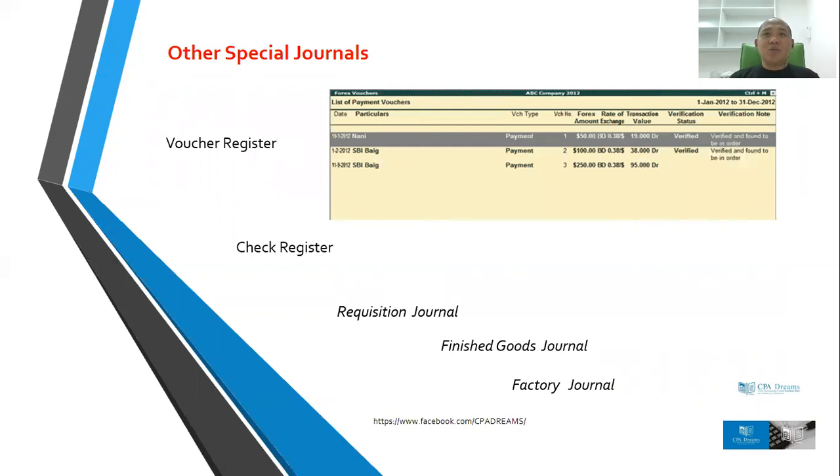The finished goods journal is used in cost accounting for the cost of goods that were completed and transferred to the finished goods stock room. Then the factory journal, also in cost accounting, records the operations of the factory under dual accounting control.